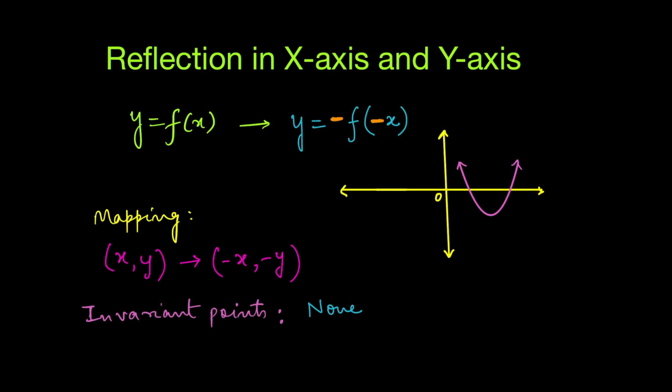Now to understand the graph of this, this is the given graph, so we can take it in any order. First we can take the reflection in x-axis, then we can reflect it in y-axis, or we can change the order also. So first I am reflecting it in the x-axis, so the graph will look like this.